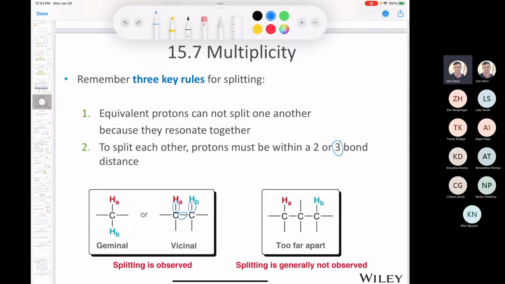Sometimes students ask me for an example of rule number 1. The example shown in the book is 1,2-dichloroethane.